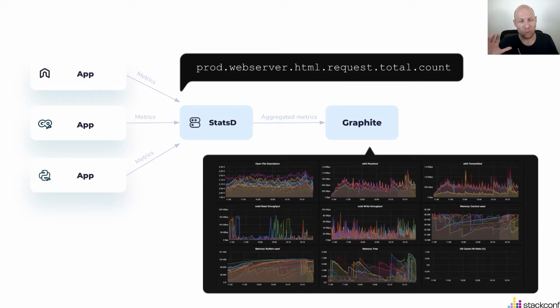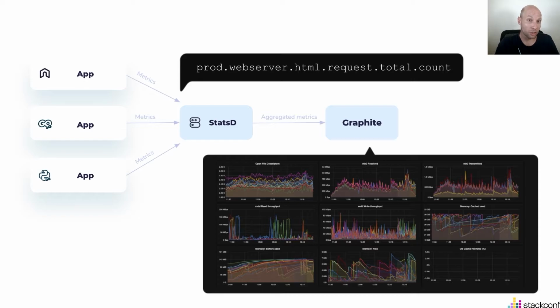The main takeaways from the way we used to monitor are first that metric collection was done in push mode. So each and every piece of our application knew that StatsD server and was configured to push to that server.